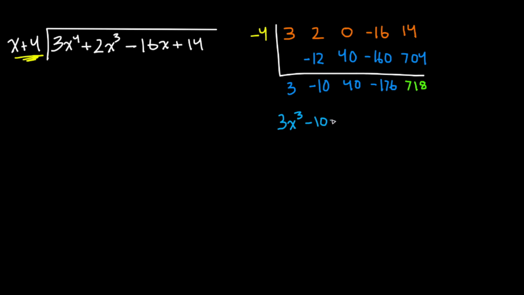So then minus 10x squared plus 40x minus 176, and finally plus the remainder, which will be 718 over x plus 4.